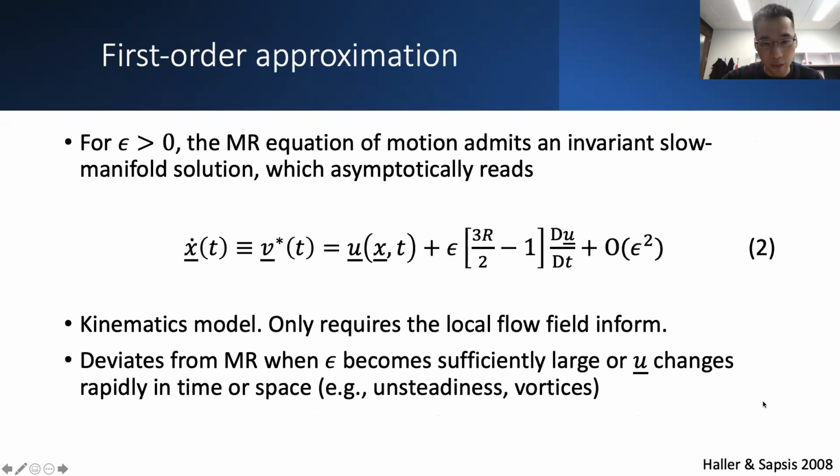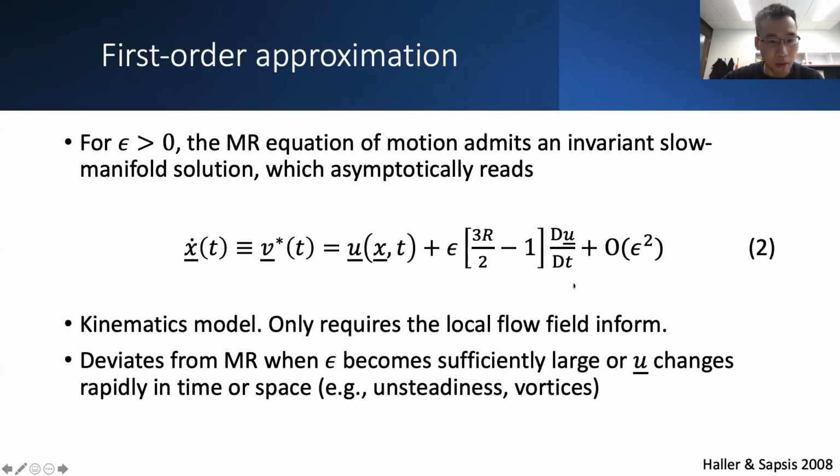In 2008, these two people actually came up with a reduced order model of this MR equation, a solution of this MR equation. Basically, they show that the particle velocity equals the fluid velocity plus certain higher order terms.